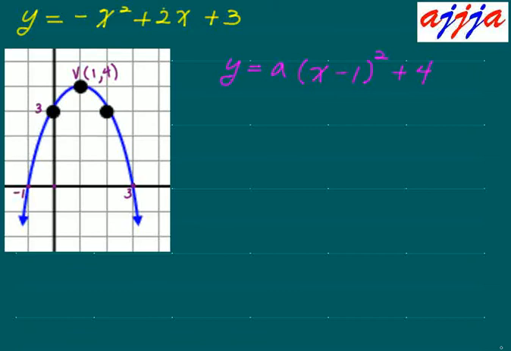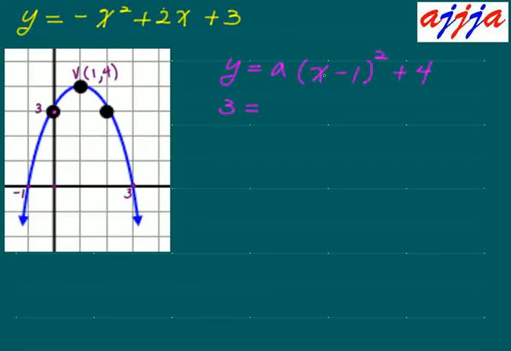Now I just used the vertex, so I have so many points, in other words coordinates, left over. So I can use anything. What about this one? I'm going to use this one, (0, 3). X is 0, y is 3. Then plug it in. So this one is a 3. What about x?